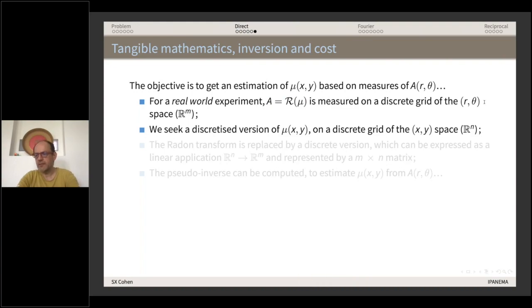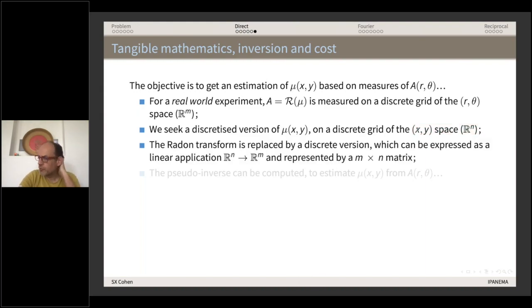And what I'm trying to find is not even the function mu, but a discretized version of this attenuation coefficient, also on a grid. This means I'm measuring a vector in R to the m, m being the number of couples (r, theta), and from that I'm trying to find a vector in R to the n, where n is the number of couples (x, y) I'm interested in. I want to know the measure of mu on them.